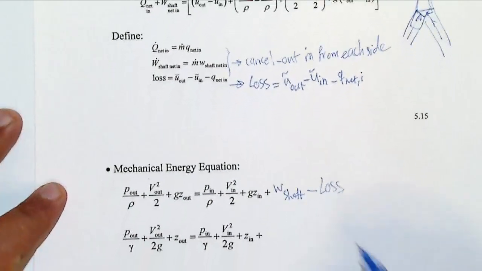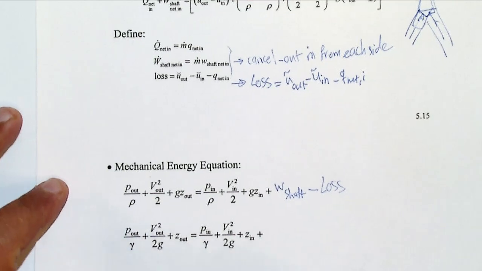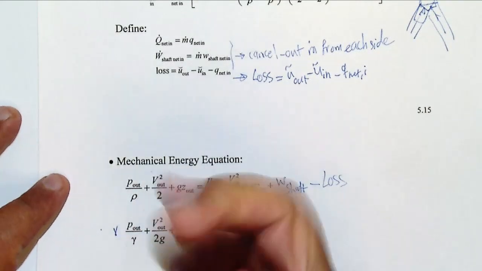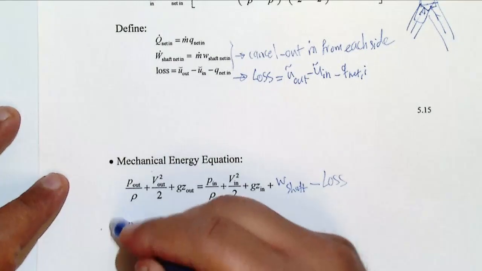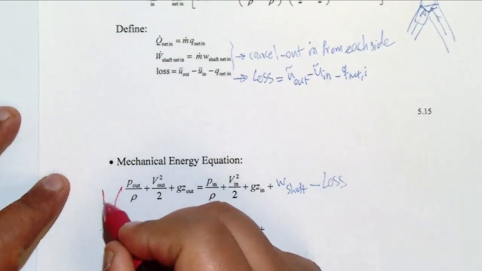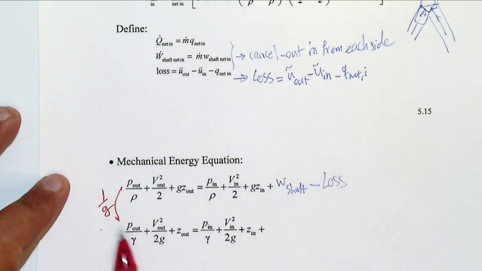But what else can we do? We can multiply each side by 1 over g. By multiplying by 1 over g, then 1 over g multiplies rho, and you have gamma, rho g.